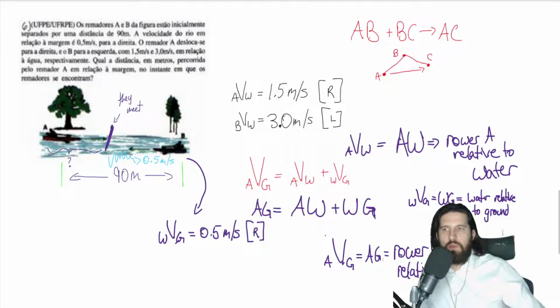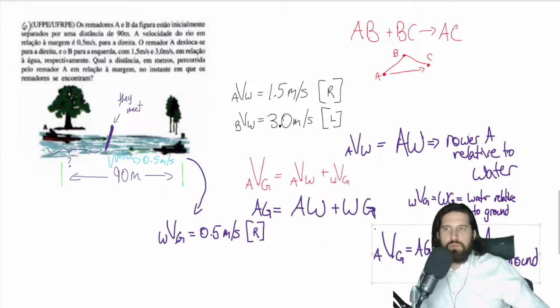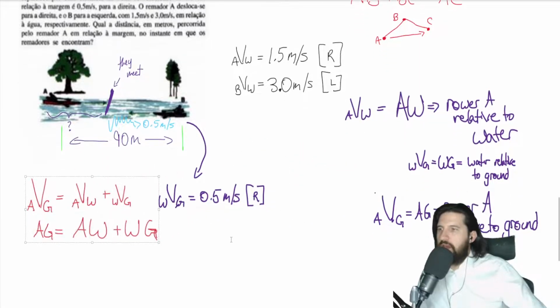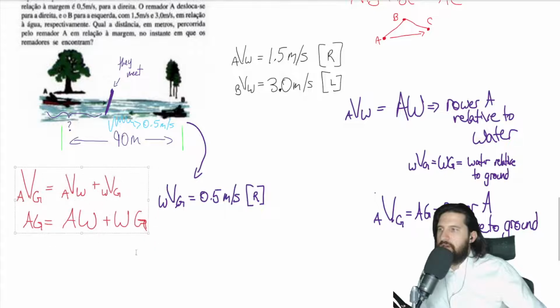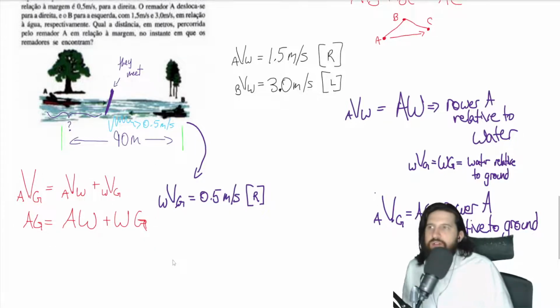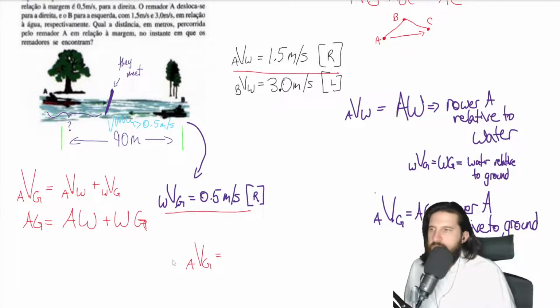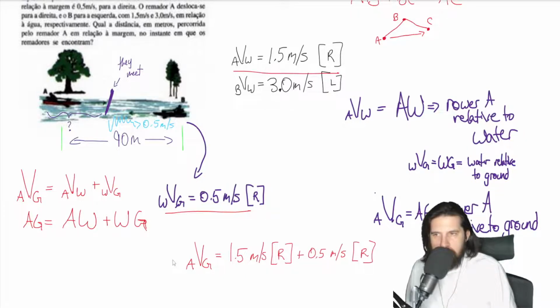Okay. So that's our sort of like explanation here. This is the equation that we're following, right? And so let's do it. So now we have this value, we have this value, so we can find velocity of A relative to the ground. It's 1.5 meters per second to the right plus 0.5 meters per second to the right.